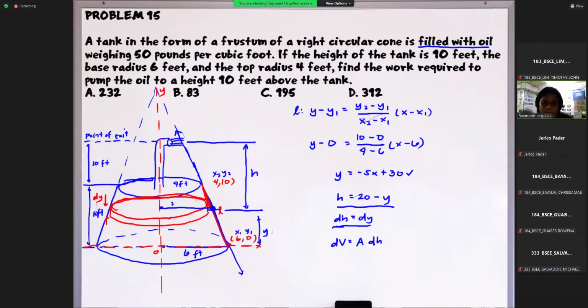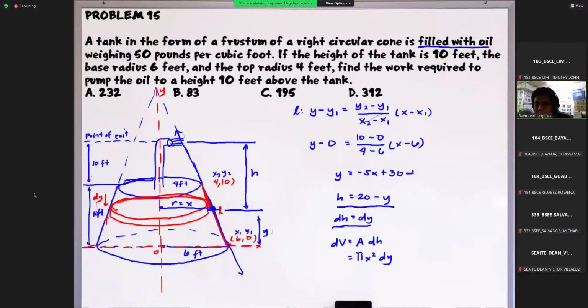As you can see, r is just the distance of our point from the y-axis, so this is the x-coordinate. So this will just be given by pi x squared dy, because our dh is equal to dy. Now what is x equal to? Since this is dy, it should be in terms of y. So again, from this equation.